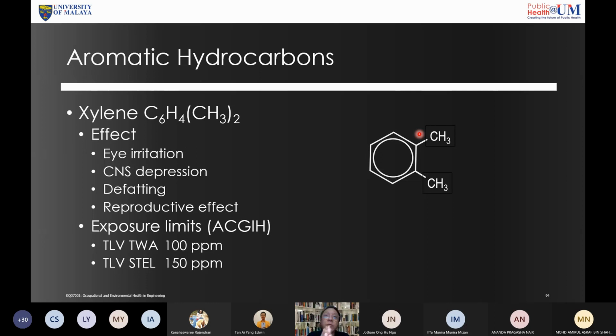That's why the TLV, threshold limit value, time weighted average is much higher. When we talk about time weighted average, we talk about 8 hours a day, 40 hours a week. So this is xylene, an aromatic hydrocarbon.